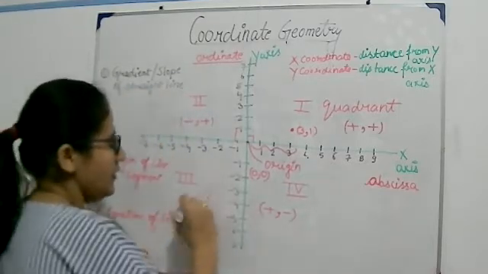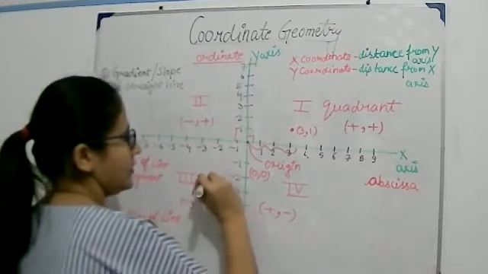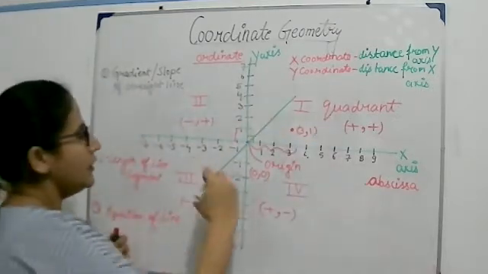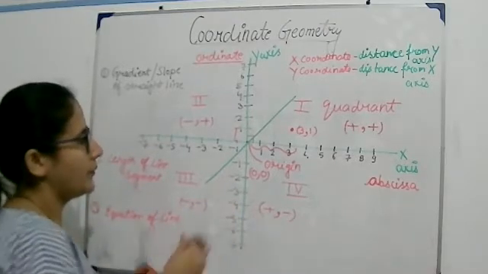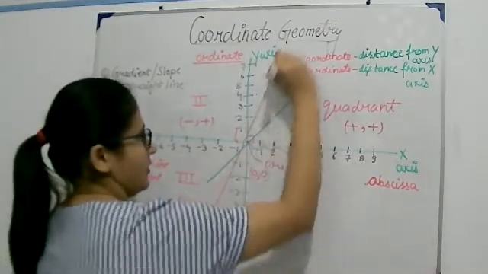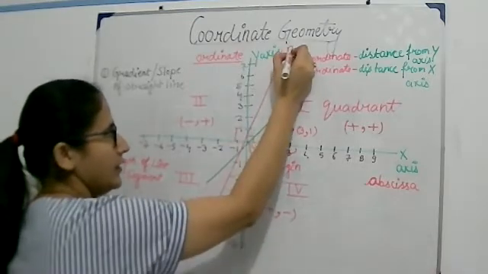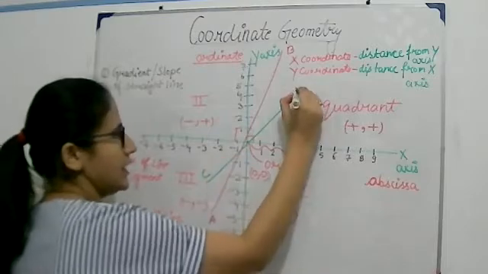Steepness, if any line is going like this and another is going like this. This is AB line. This is CD line.